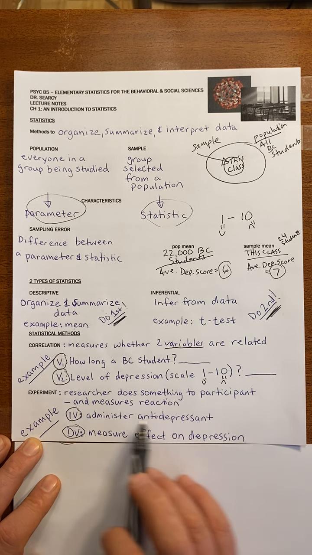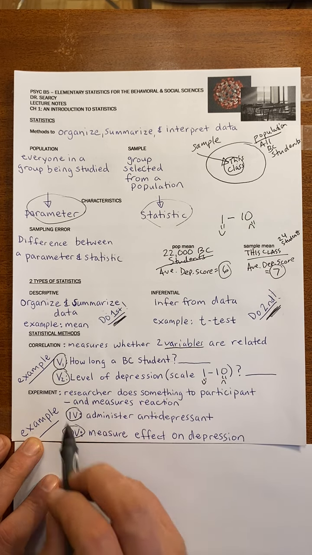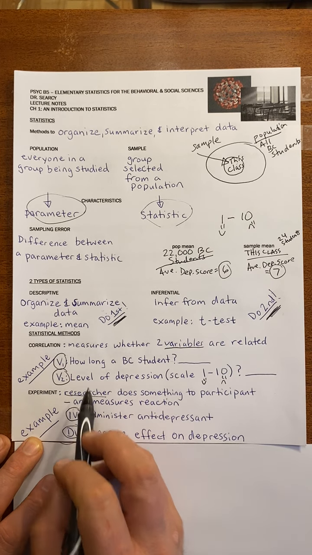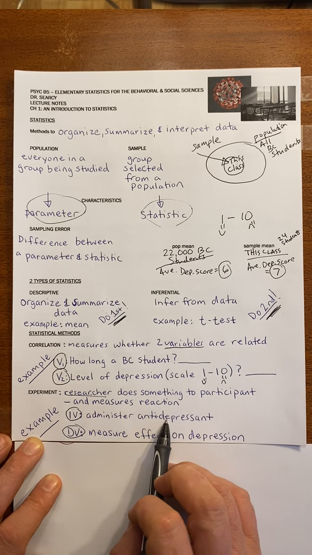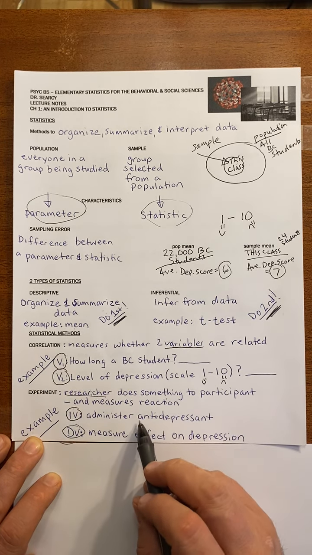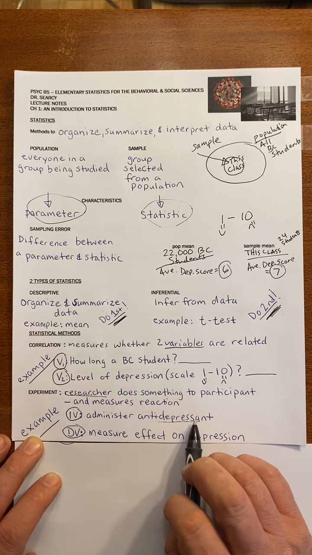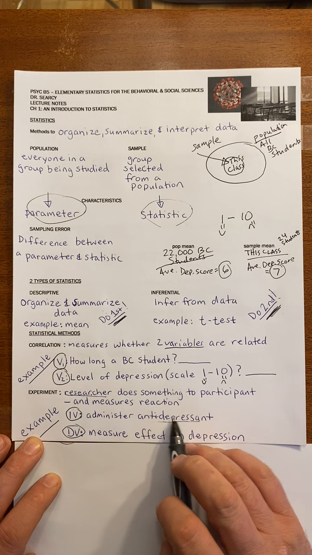That's what this is. And as an example, we're talking about depression. Maybe what the researcher has done is they've administered some antidepressant to a group of participants. Maybe this is a new antidepressant that just got produced, and the researcher wants to test the effectiveness of this new antidepressant.